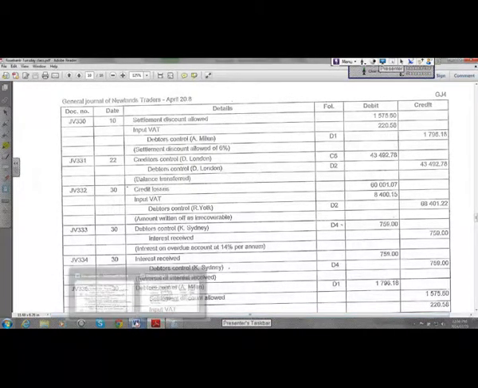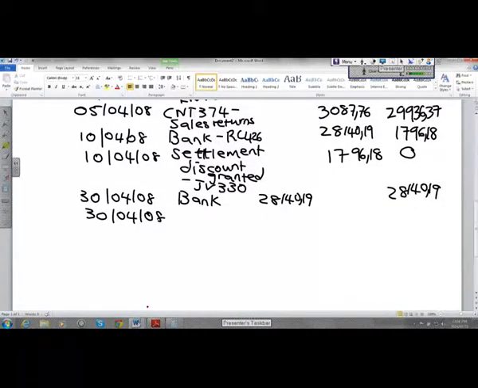So here we'll say reversal of discount, JV 335. How much was the discount? We must reverse it by putting it on the debit.